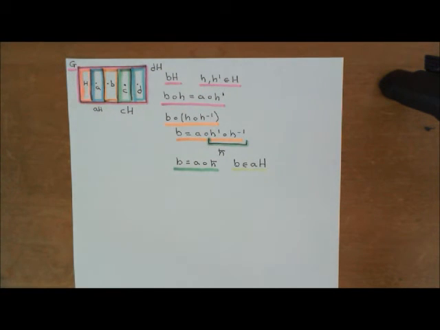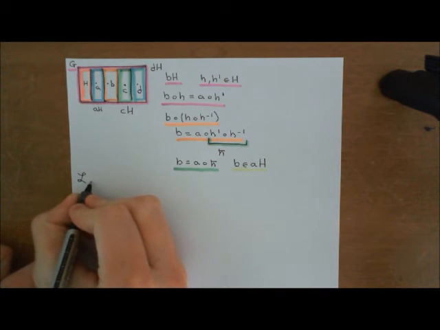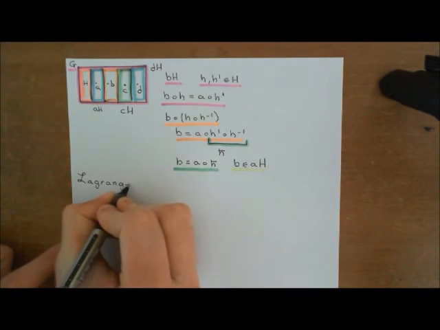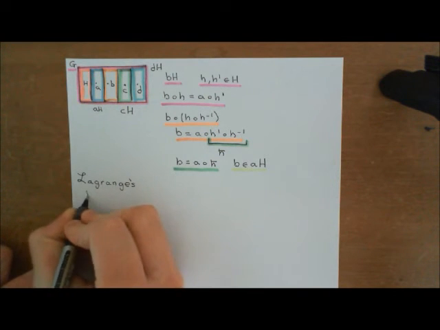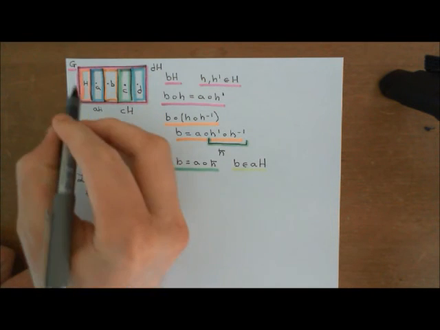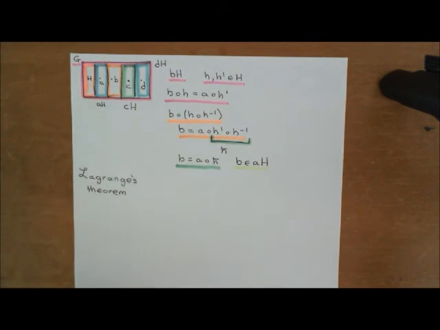Okay, so that is now going to lead us on to Lagrange's theorem. Lagrange's theorem comes when we apply this idea to finite groups. So it doesn't apply for infinite groups, it's only in the case of finite groups. So we are now assuming that the order of this group, capital G, is finite.